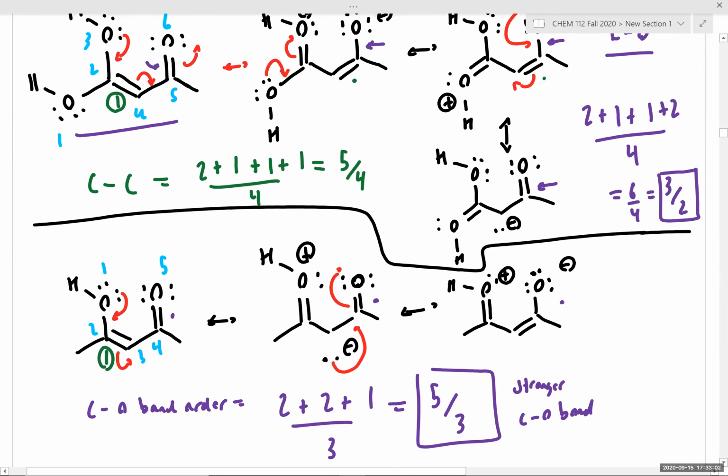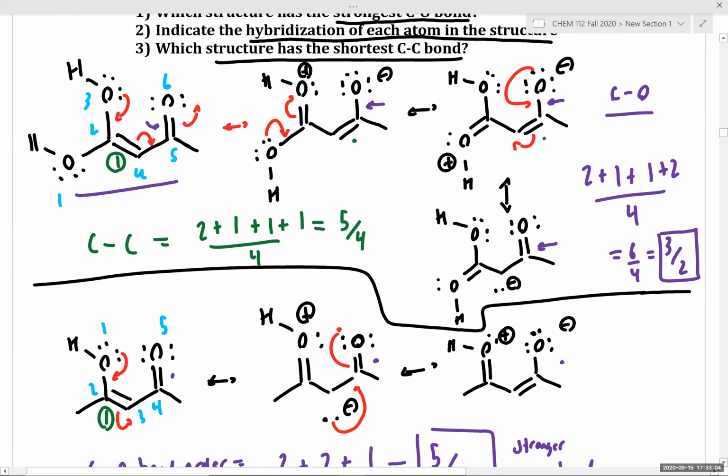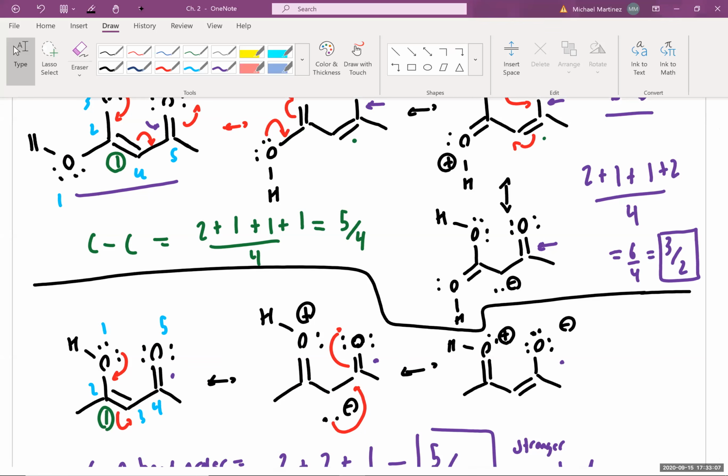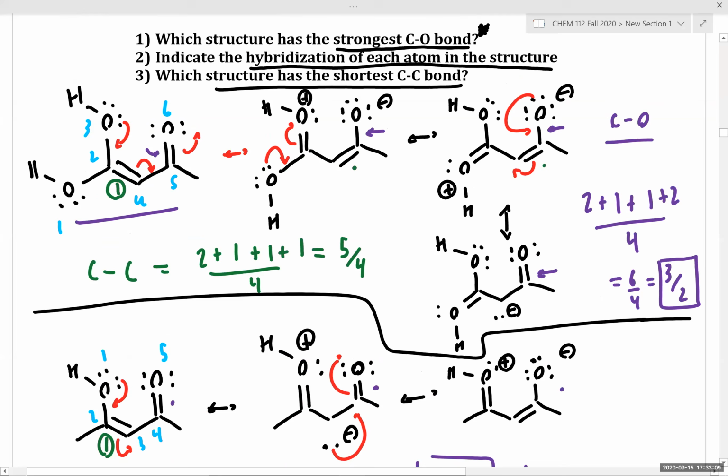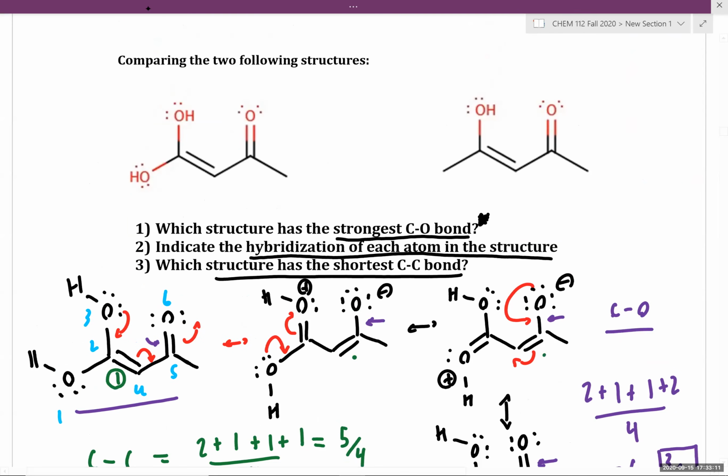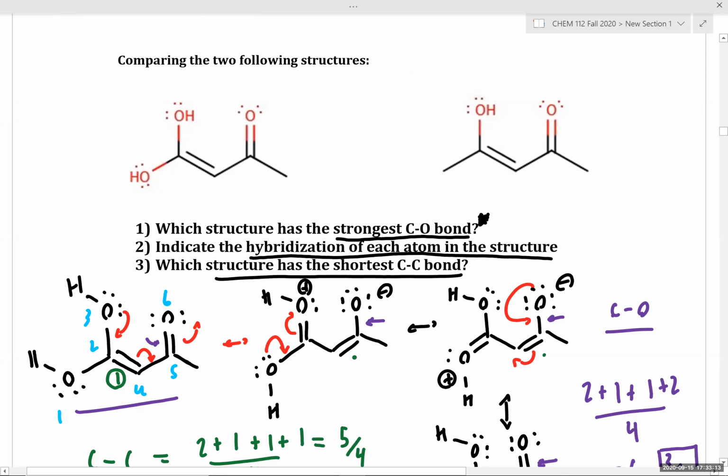Now that we've done all of this work identifying all of our different resonance structures, we can now identify hybridization. So anytime we have an atom that's participating in resonance, I'm going to put a little star next to it. What must the hybridization be for this oxygen if it's participating in resonance?